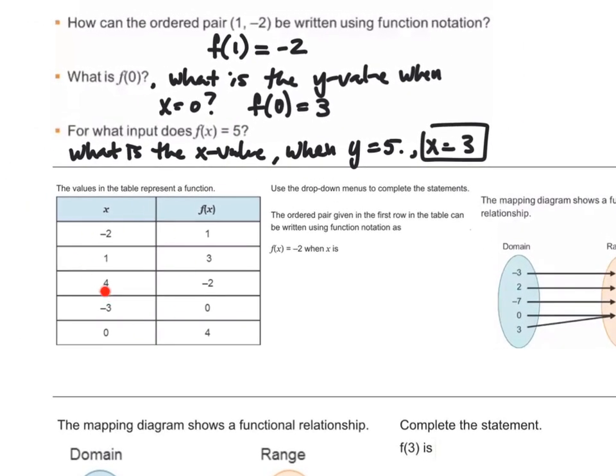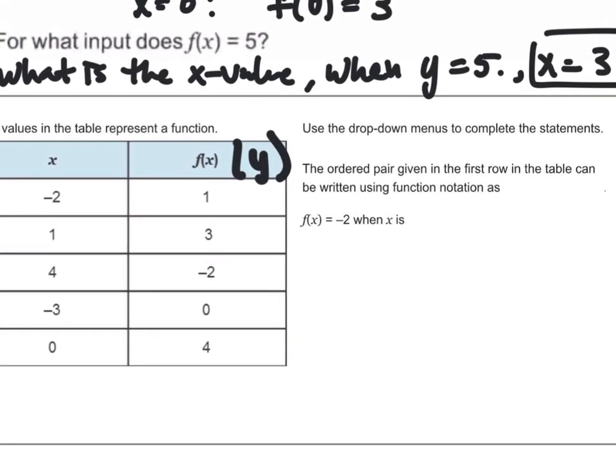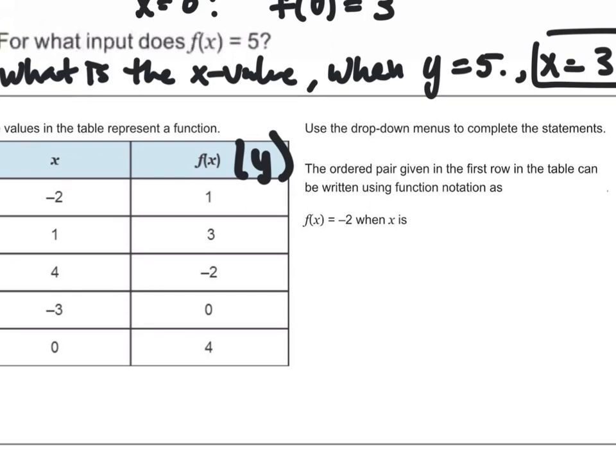Over here, we have this table of values. We have x values, and then we have f of x values. Another way of saying f of x is y. It's a y value. Perfect. So it says when f of x is equal to negative 2, so basically the y value, y equals negative 2 when x is equal to what?